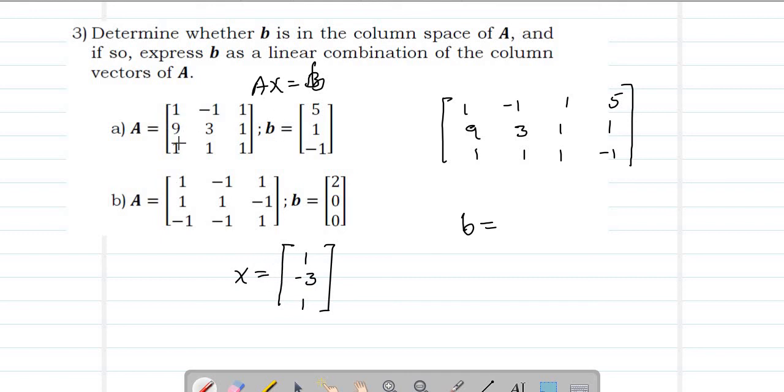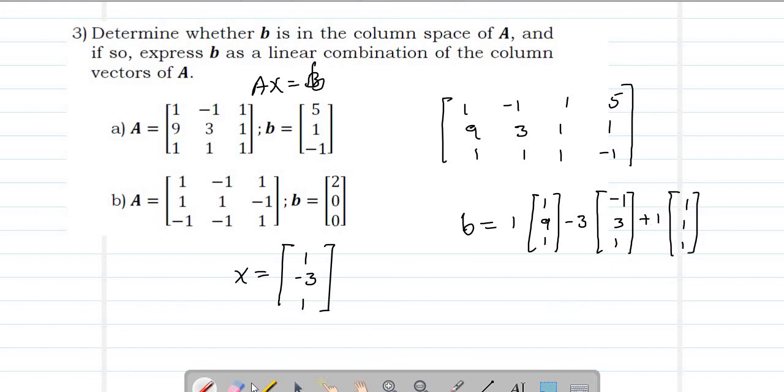You can see that if you add the first two rows and subtract it from 3 times the second row, I get 5, and this gives me 10 minus 9, which is 1, correct? So therefore you can see that B equals 1 times the first column, (1, 9, 1), minus 3 times the second column, (-1, 3, 1), plus 1 times the third column, (1, 1, 1).